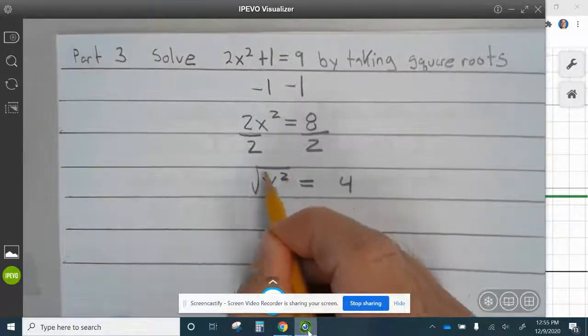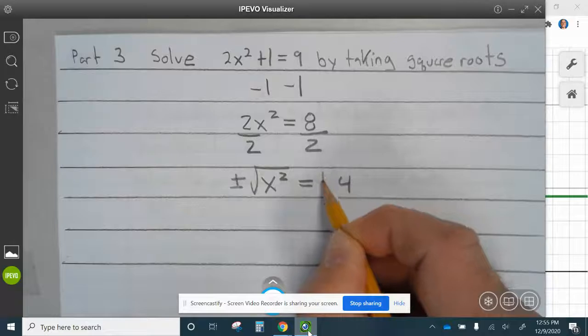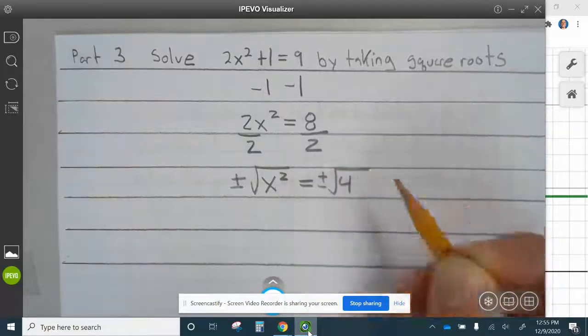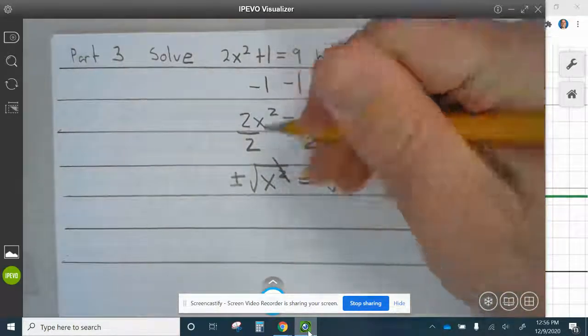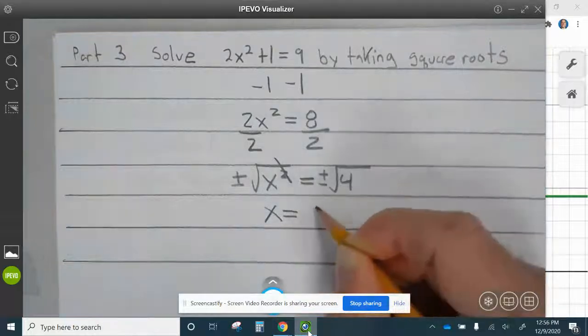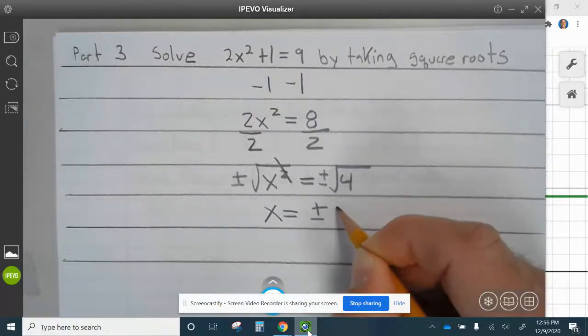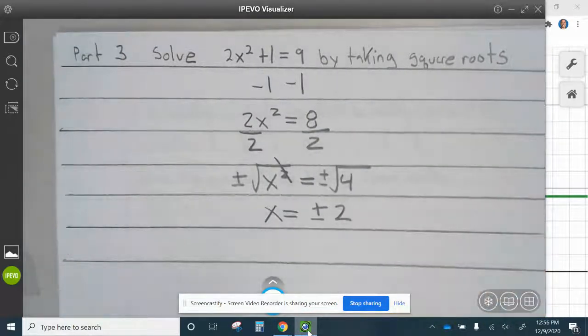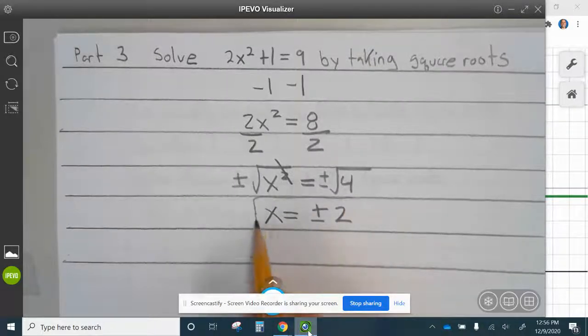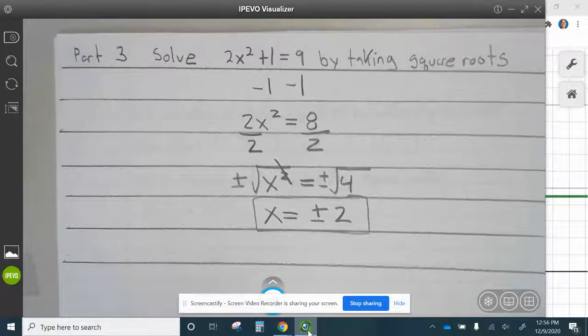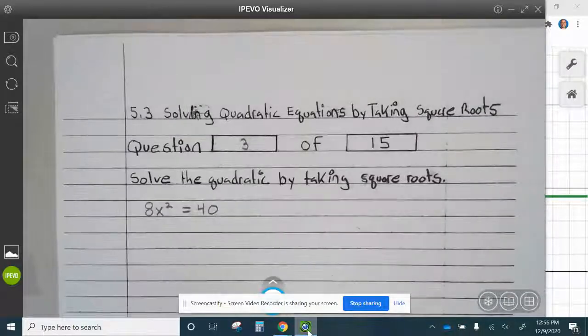Take the square root of both sides, plus or minus. So this cancels. You're left with x equals plus or minus 2. Okay. All right, let's take a look at question number 3.